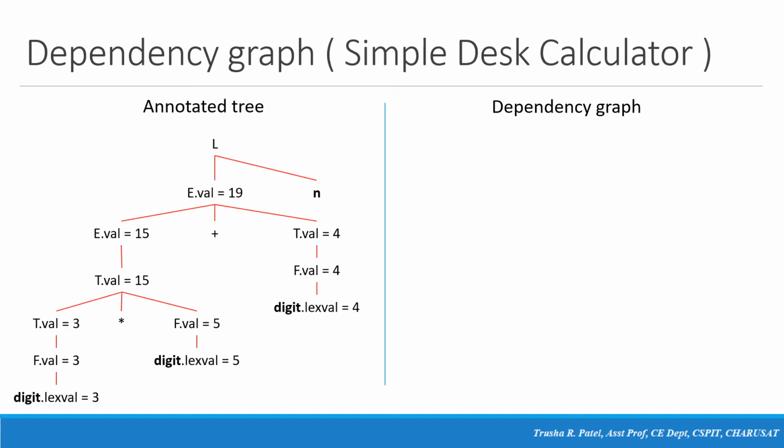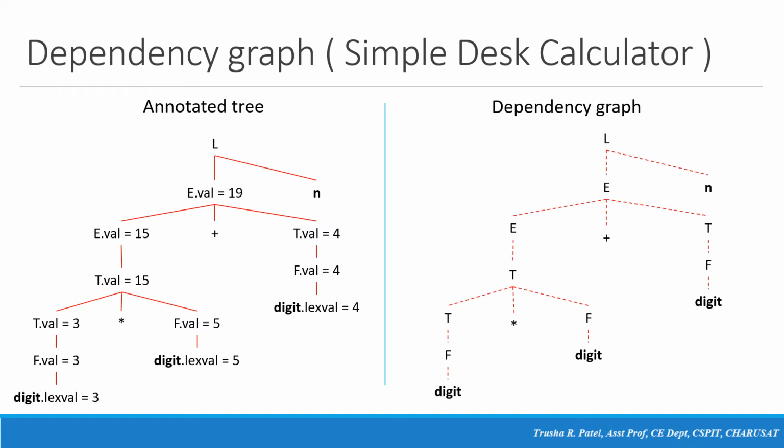Now we will form the dependency graph for the simple desk calculator. The annotated parse tree we have already constructed in the prior video. We'll just form a dependency graph for the same example. Now this is my parse tree. The attributes of the non-terminals and the terminals are mentioned. Now the value of F depends on the lexical value of digit.